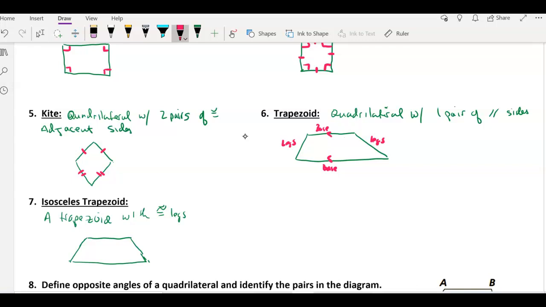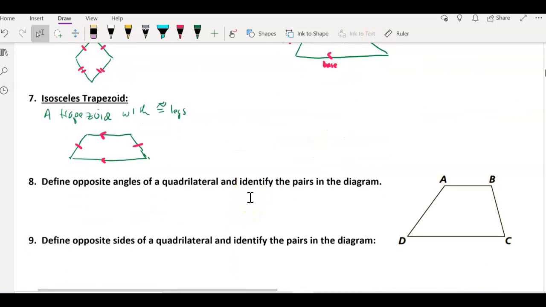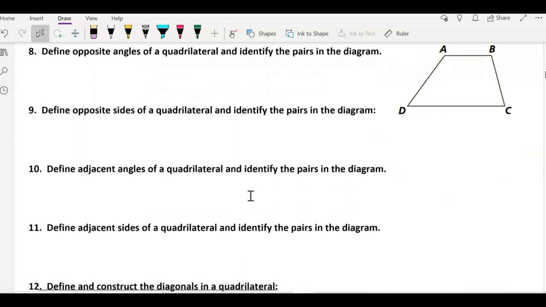So the bases are the parallel sides, the legs are the non-parallel sides. And the last one, an isosceles trapezoid, is basically a trapezoid with congruent legs. So we know we have our one pair of parallel sides, but then we also know that these legs will be congruent. So how can we use these definitions to go ahead and answer questions?